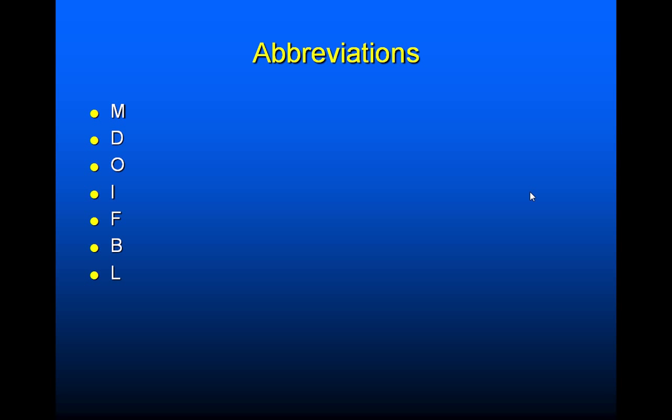The next thing that we will go over are abbreviations. Certain restorations are found on different surfaces of the teeth, and you need to be familiar with these abbreviations. Using the abbreviations, M stands for mesial.